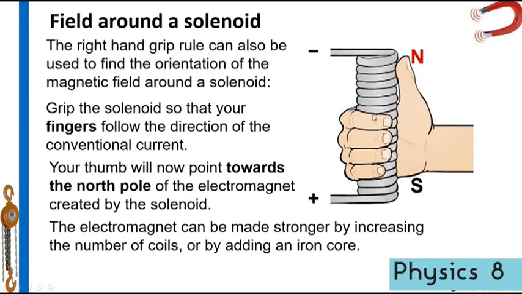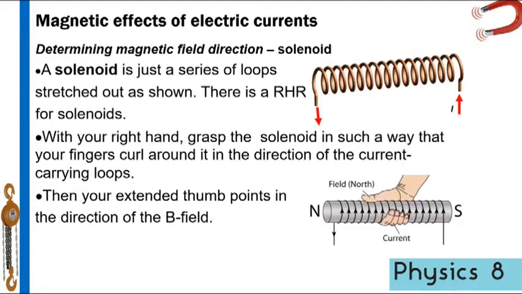That electromagnet is going to generate a magnetic field, and that magnetic field is going to be in the direction of your thumb. The electromagnet can be made stronger by increasing the number of coils, or alternatively, you can add an iron core in the middle of the coils which are curled around.